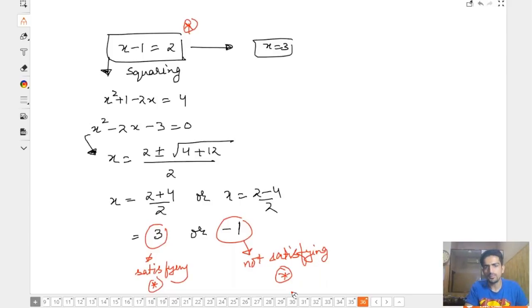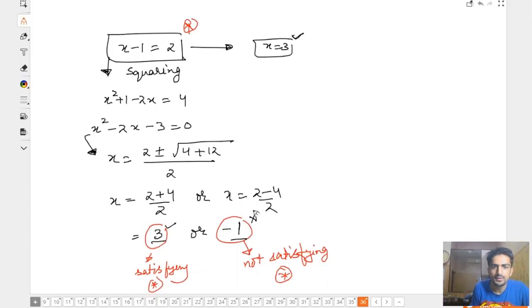Okay, guys. So first of all, this example was just to tell you that such things happen. Solving this equation one way gives you one solution which is correct. Solving it the other way gives me two solutions, out of which one is correct but one is wrong. Now listen to me. Little time, little explanation.